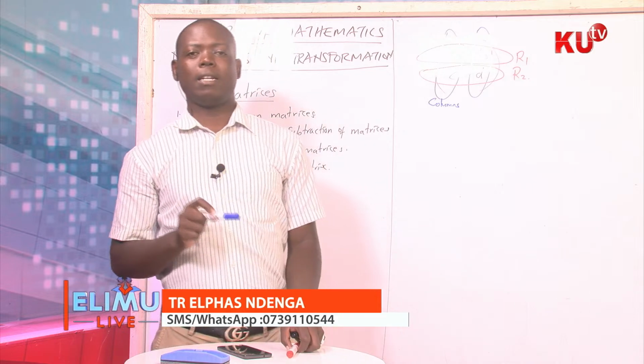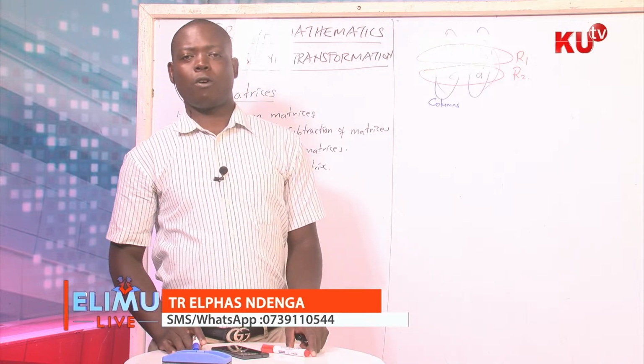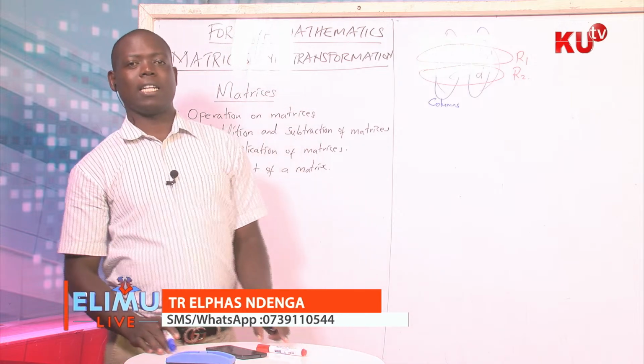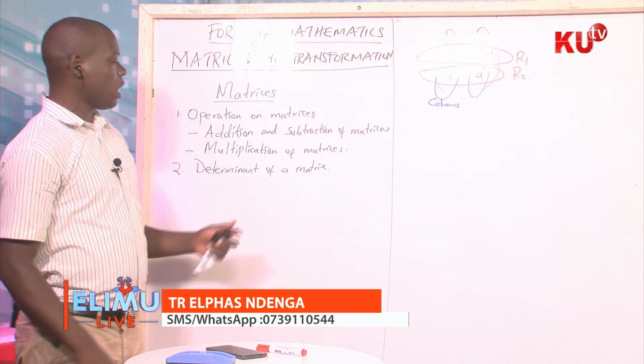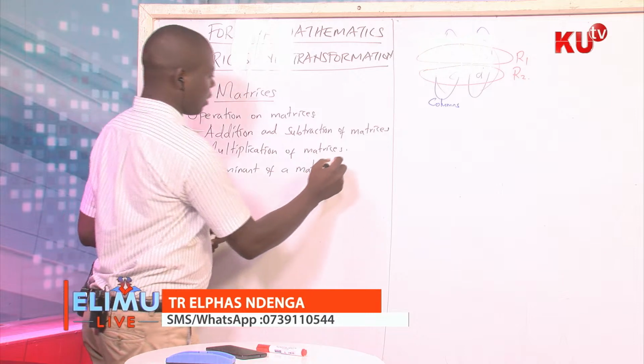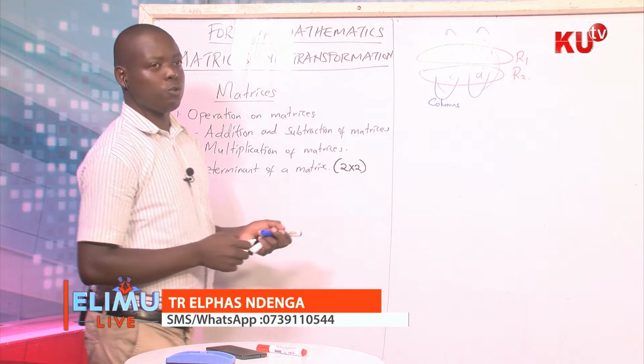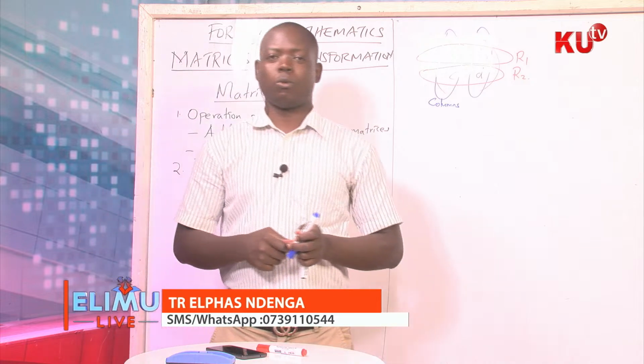And when we identify the number of rows in a matrix against the number of columns in a matrix, that gives us the order of a matrix. That's why we are saying in this part we will discuss a matrix of order 2 by 2.